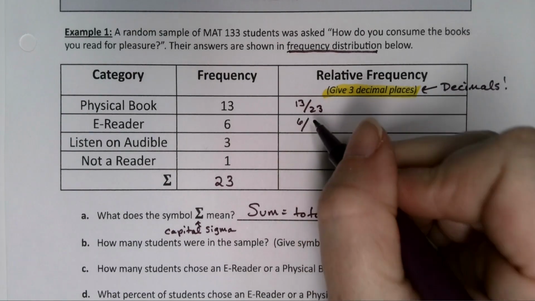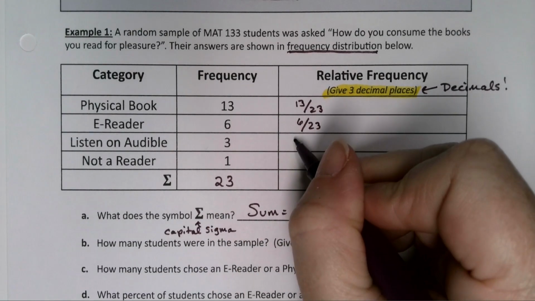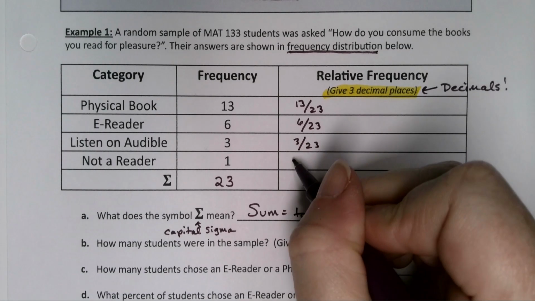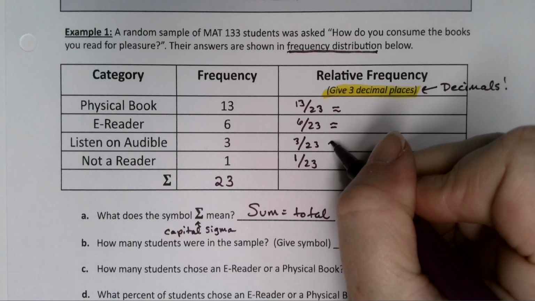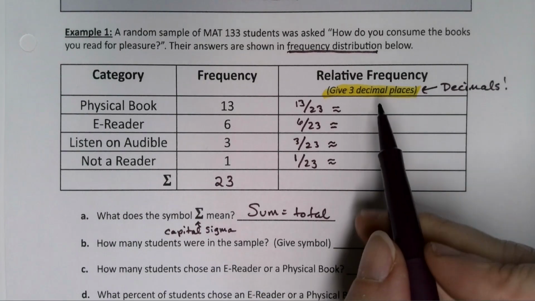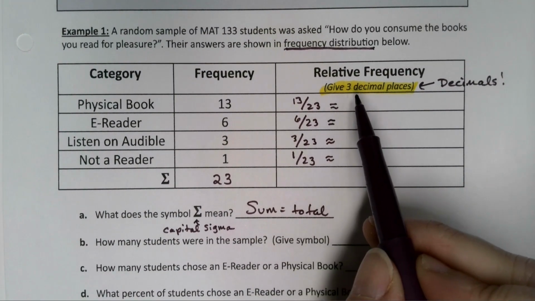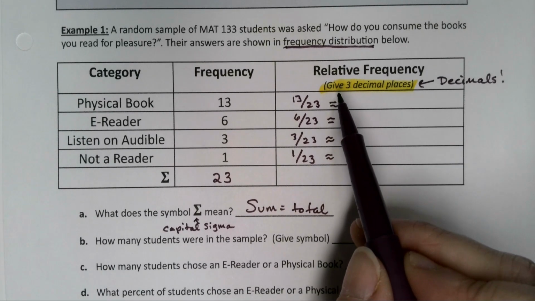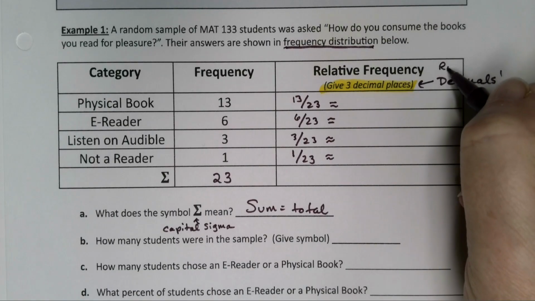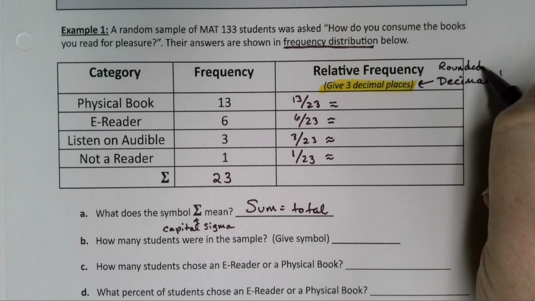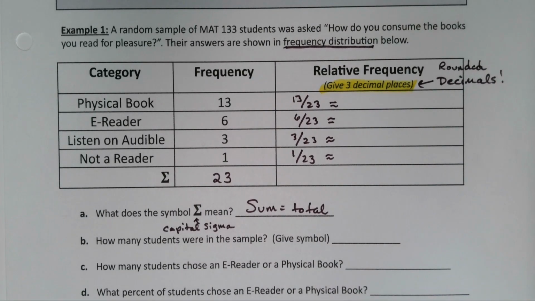Then 6 will be divided by 23, 3 divided by 23, and 1 divided by 23. Now those are the fractions, and then we're going to round it to 3 decimal places. I will say that when I say give in the course pack, I always mean rounding. We do rounding because we are a math class. So actually, let me make a note that it's rounded decimals, right? It's always rounded for this course.